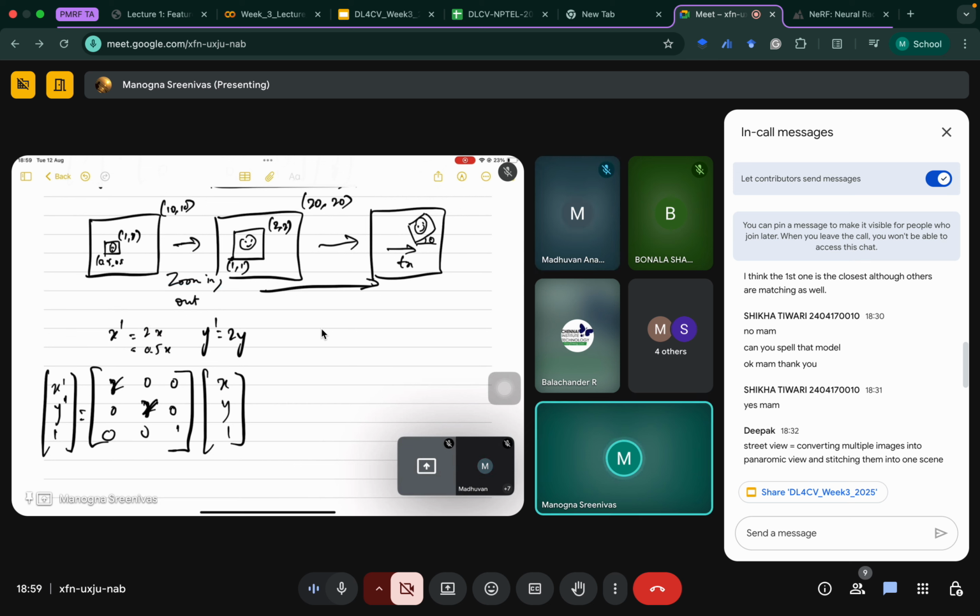Currently I'm not discussing those details. I'm just talking about what the transform would be. But obviously, logically, you would only look at the image space.